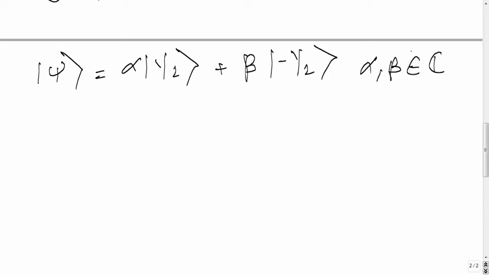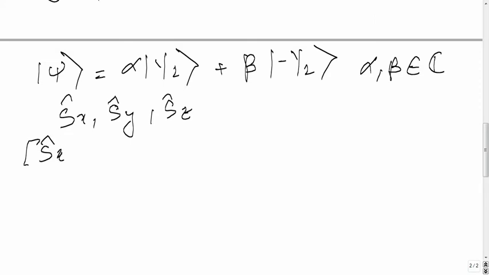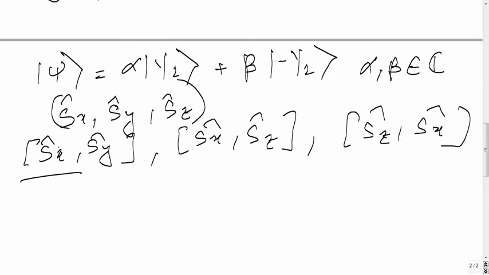In order to qualify as some kind of angular momentum, recall that the Sx, Sy and Sz operators need to satisfy the angular momentum commutation relation, and you can check that very easily by investigating the action of commutators between all possible combinations of these three operators, and see its effect on the state plus minus half.